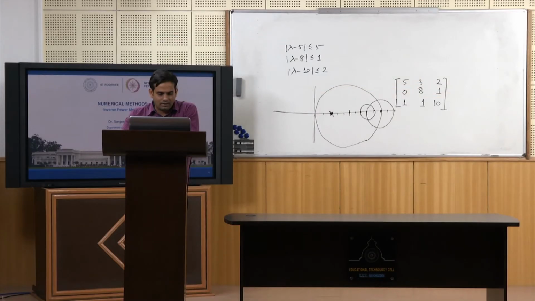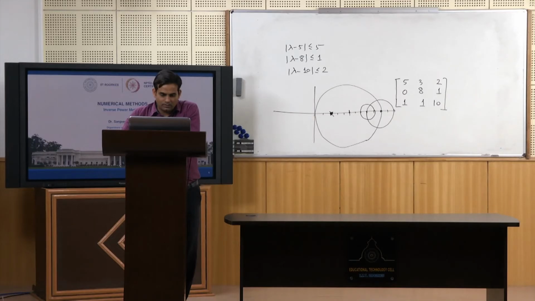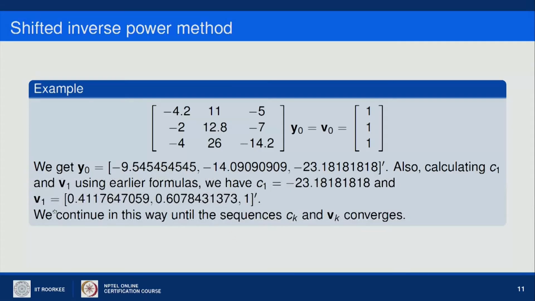So, for lambda 1 equals 4, I can define my A minus alpha I as A minus 4.2 I, and then I will apply the power method on this A minus 4.2 I inverse with initial value 1 1 1. So, I have taken it in this way, and then we continue until the sequences Ck and Vk converge.